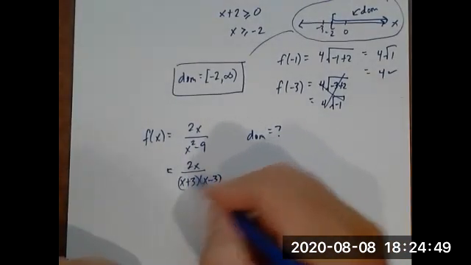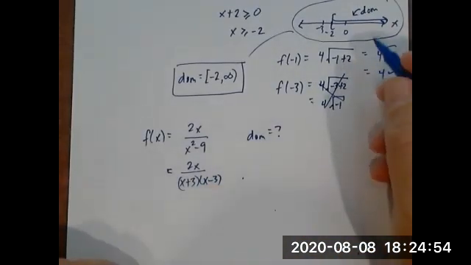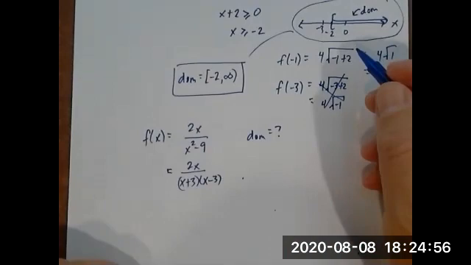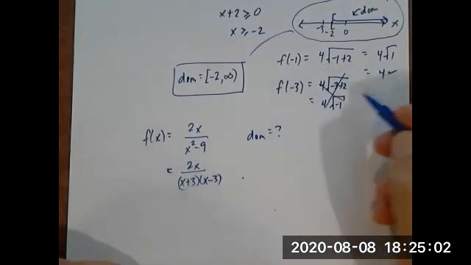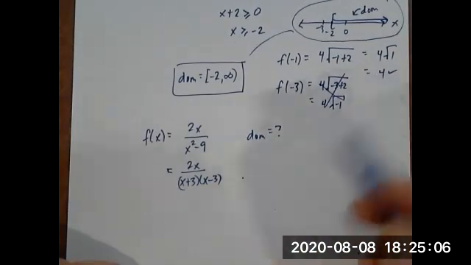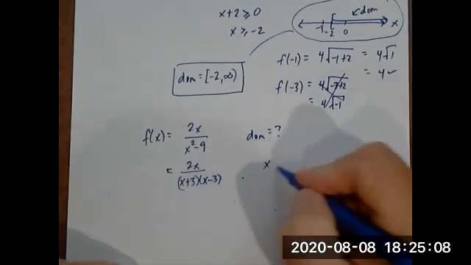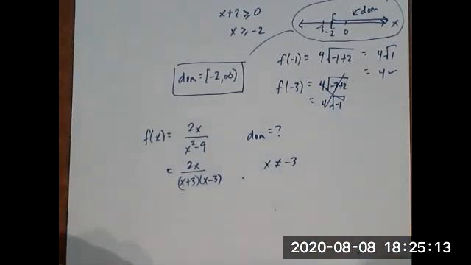Now this is very easy to see. So I'm going to have a problem. I've got these two parentheses multiplied. I'm going to have a problem if either one of those parentheses equals 0. So if I look at that first parenthesis, what value of x is going to cause that first parenthesis to be 0? It's pretty easy to see, right? -3. So I say, you know what? x better not ever equal -3, because if it does, I got a 0 in the denominator.